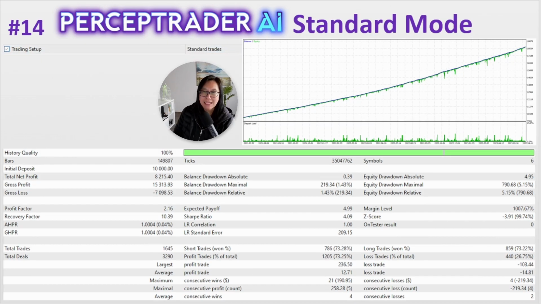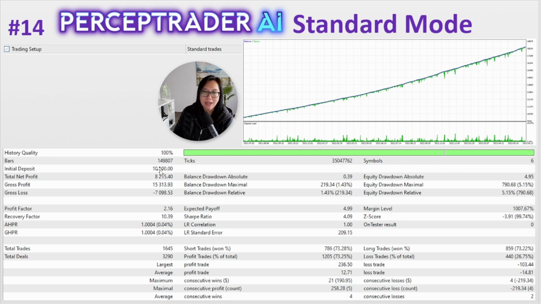Next, we've got standard mode, which is a huge difference in terms of the number of trades, from 1,100 up to 1,600, and the profitability has also increased to about 8,000, and the drawdown has also increased to almost 800.